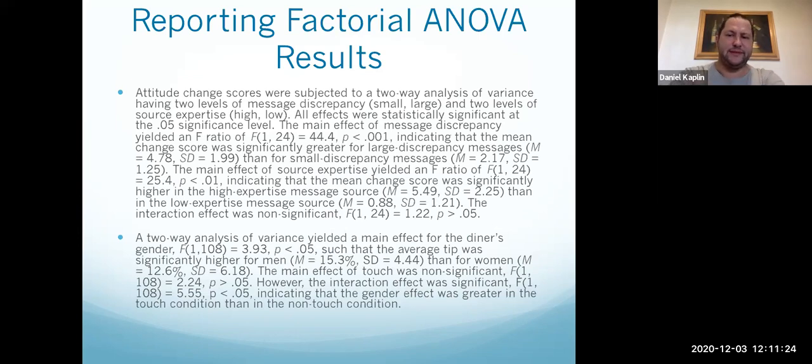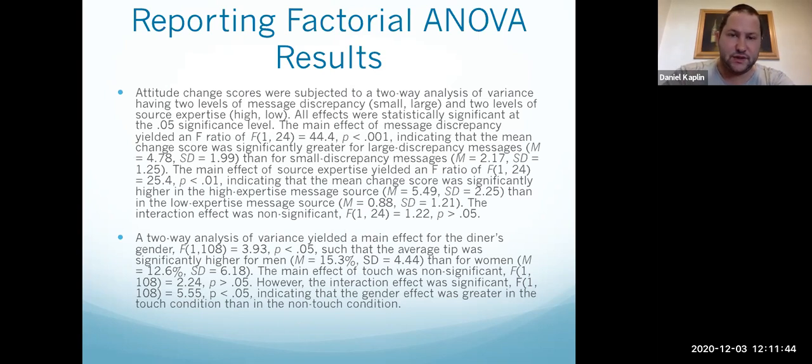There are other examples, again, fully fleshed out, teaching you how to write the full paragraph. So this model right here is a very good example of how you would write a factorial ANOVA in paragraph form.